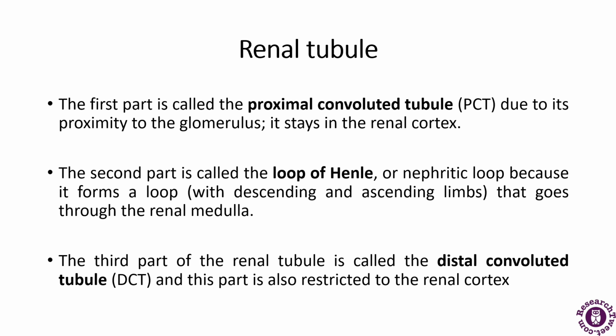So what are these three parts? The first part is the proximal convoluted tubule, which is named for its proximity to the glomerulus, and it stays in the renal cortex.